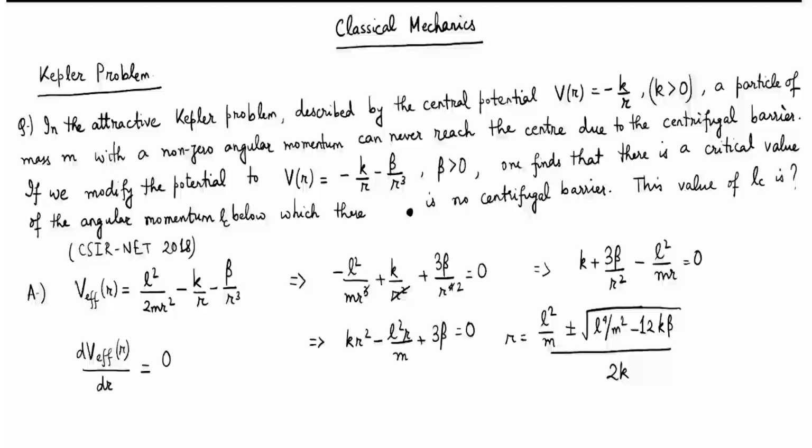Now for r to be real, the quantity under the root should be greater than 0. So L to the power 4 by m square must be greater than 12 k beta. Therefore, L_C is (12 k beta m square) whole to the power 1/4. This is your answer.